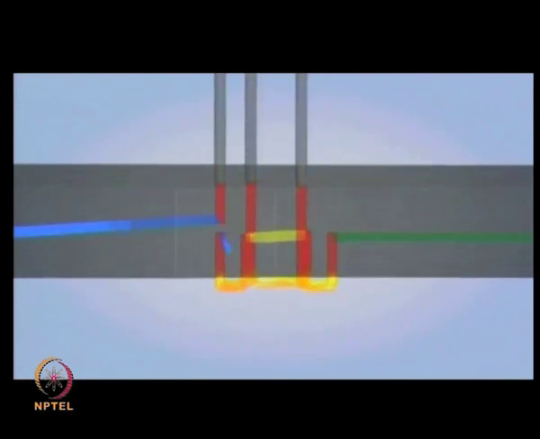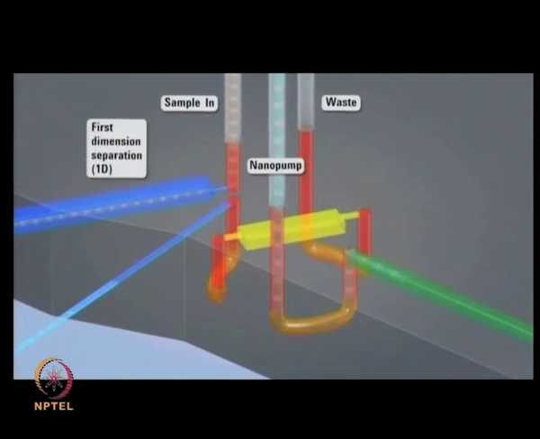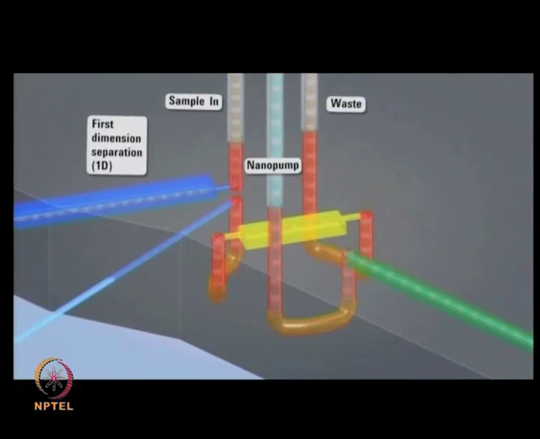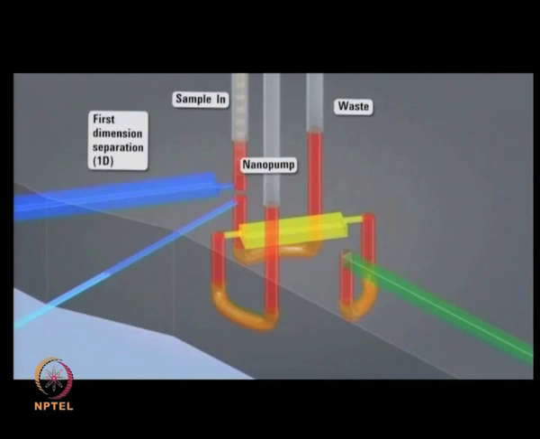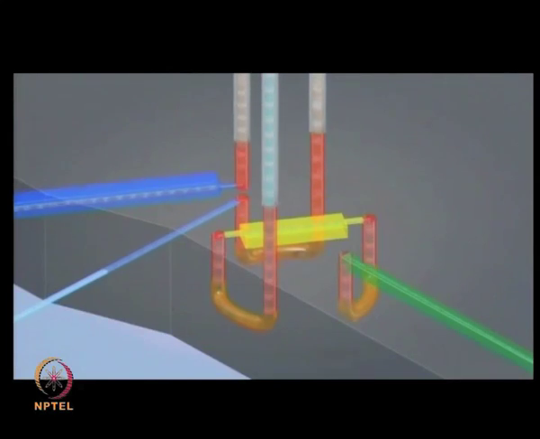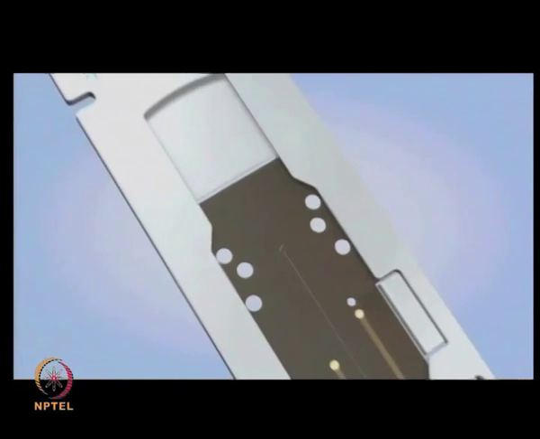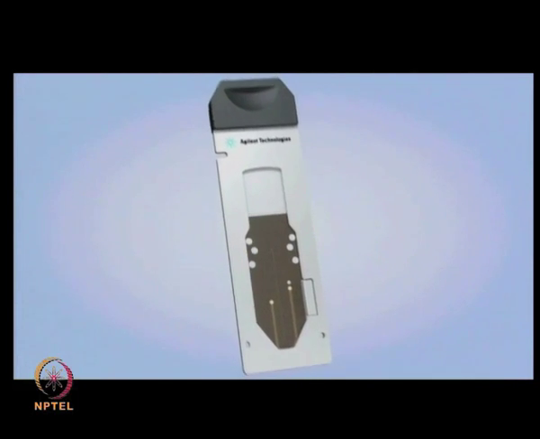By adding more layers to the Hplc chip, additional capabilities such as two-dimensional Hplc, affinity chromatography, and on-chip chemistries such as on-chip protein digestion are possible. These new applications and many others, such as chips with different column lengths and packing materials, are part of Agilent's exciting custom Hplc chip portfolio.